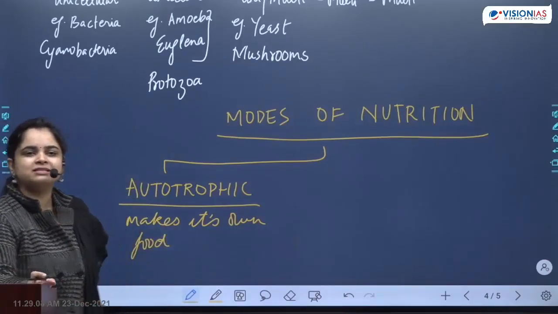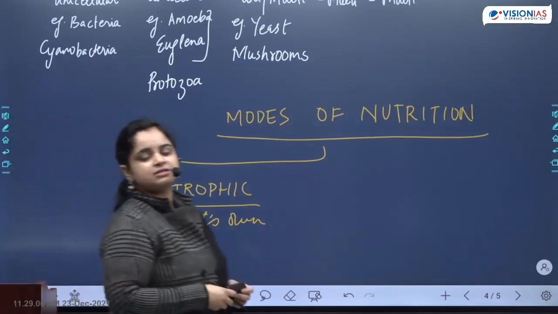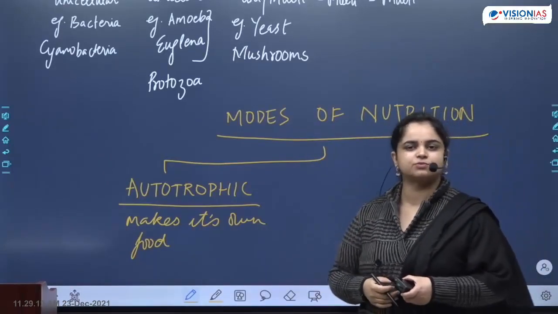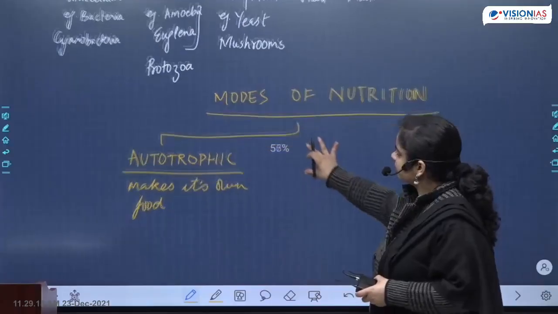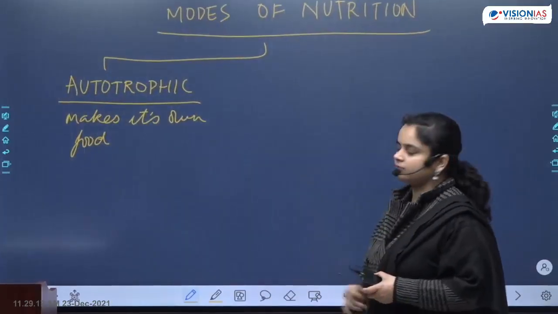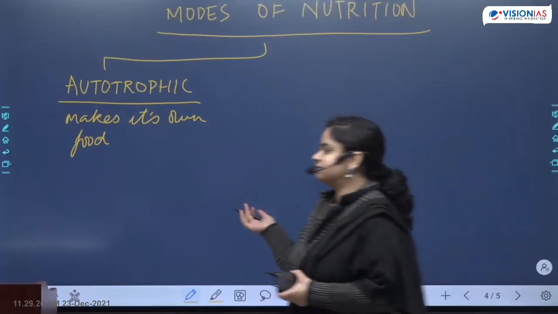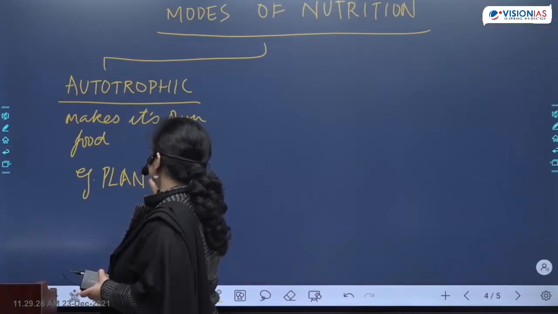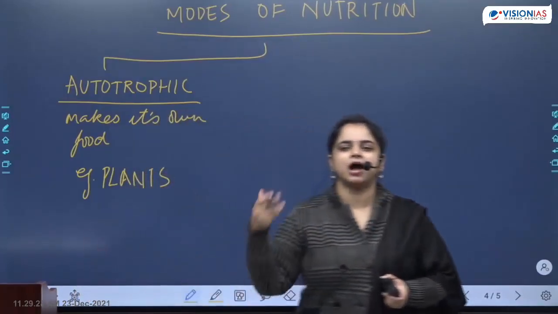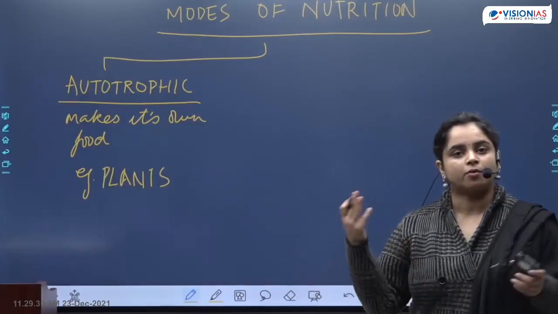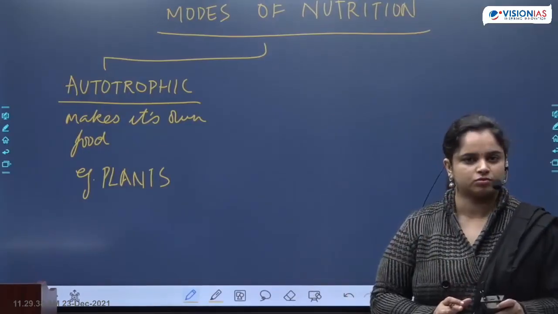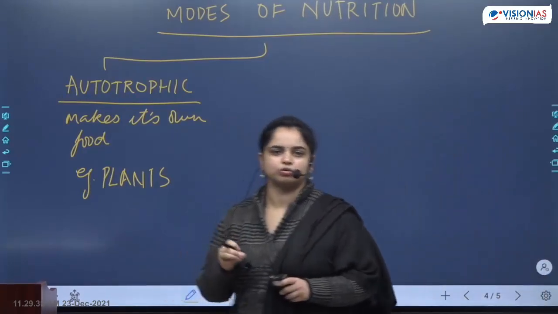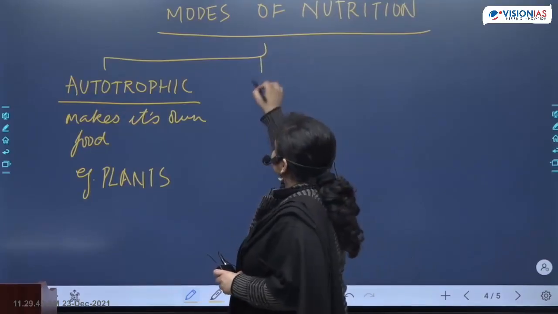Makes own food means like if glucose is the main source of energy, then production of glucose is taking place inside that organism's body. The example of autotrophic nutrition is plants. Plants can take carbon dioxide and water from the environment and make their own glucose. So basically they are making their own food. They are autotrophs.